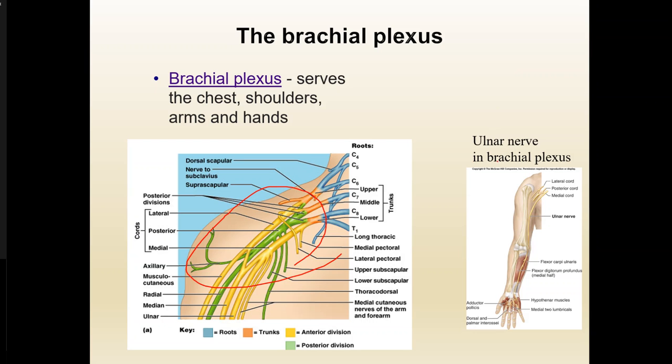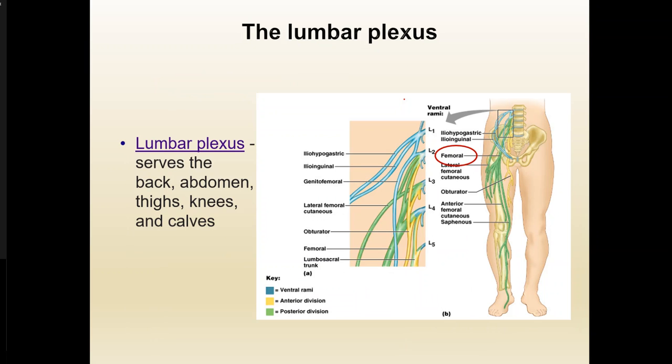The ulnar nerve, for instance, is a very important nerve in the brachial plexus, and you see how it starts here and goes all the way down to innervate your ulna, but also goes down to the hand, and it ramifies. You want these nerves to reach every portion of the skin and all the muscles in the area.